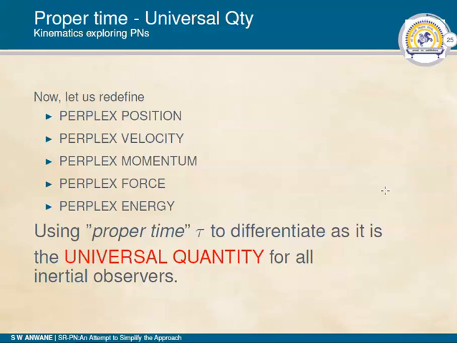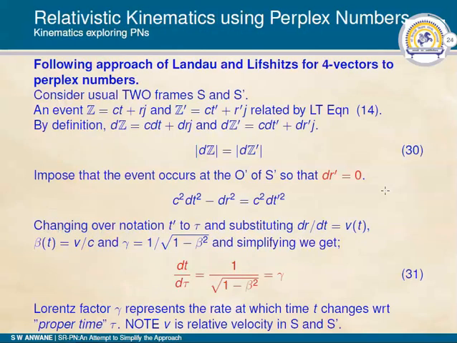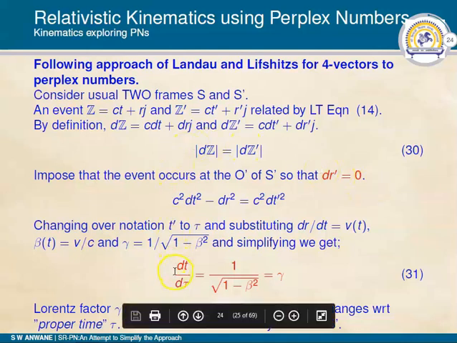And it would be most fascinating how quickly we descend to the equations of relativity in terms of energy. Here, using proper time tau to differentiate, as it is the universal quantity for all inertial observers. And when you want to differentiate with respect to tau, you encounter a chain rule where you come across dt by d tau, which is in fact gamma.